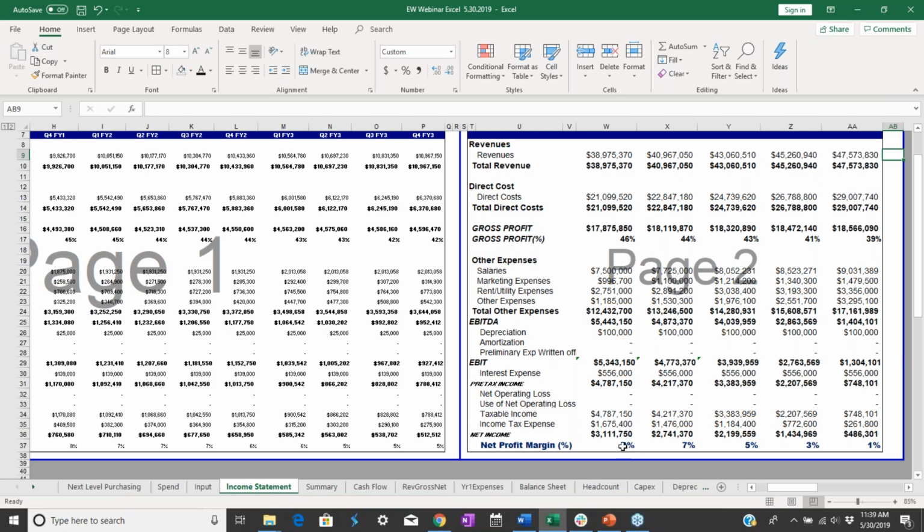And if we look here, according to this projection, we're projecting 8%, then 7% in year 2, and a 5% net profit margin in year 3. So with this information, we're already not meeting the 10% target.